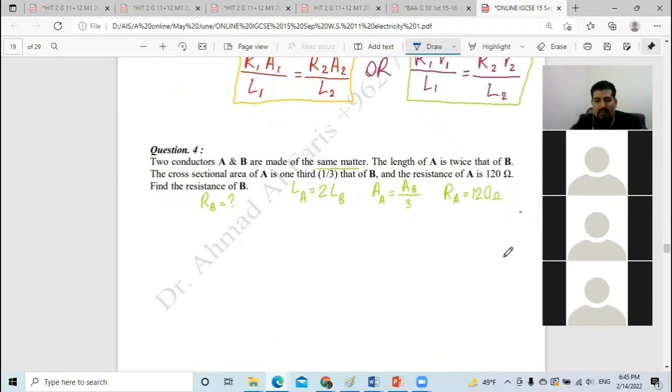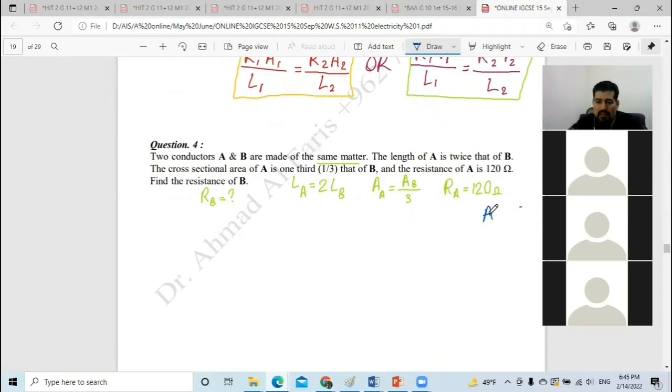Now look how I'm going to answer this question in a different way. I have two wires, A and B. I have the information about length, area, and resistance. Wire A is twice the length, 2L, while wire B has length L. Wire A has a cross-section area A over 3, while the cross-section area of wire B is A. The resistance of A is 120, while the resistance of B is unknown.